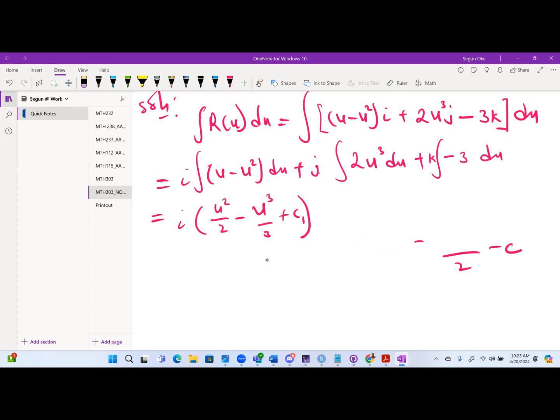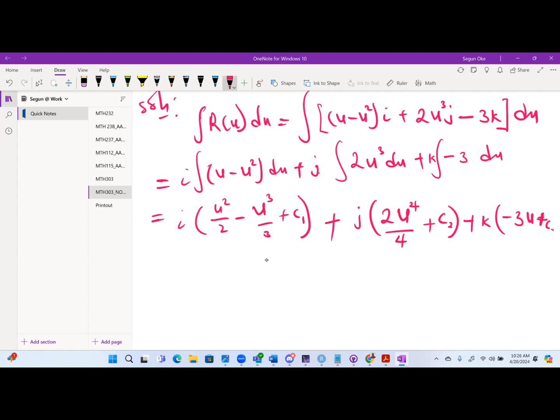Please mute yourself. Plus for j, you have 2 times u raised to power 4 over 4, let's say plus C2, plus k times negative 3u plus C3.